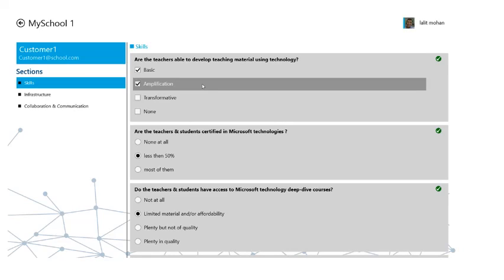Skills of the participants, students and teachers are key for a successful teaching environment. At Customer 1, teachers are only able to present learning content using technologies like PowerPoint. For example, instead of drawing on the board, the physics teacher is showing the contents of, say, the lesson Principles of Light using PowerPoint.